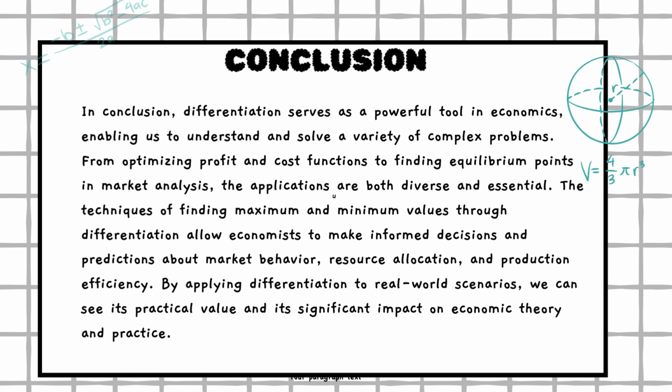The technique of finding maximum and minimum values through differentiation allows economists to make informed decisions and predictions about market behavior, resource allocation, and production efficiency. By applying differentiation to real-world scenarios, we can see its practical value and its significant impact on economic theory and practice.